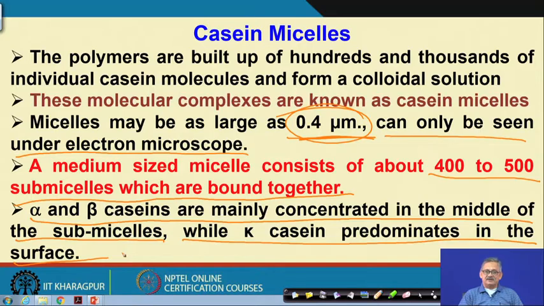When we discussed alpha, beta, gamma, kappa caseins, we saw that alpha and beta are more hydrophobic, whereas kappa is much less hydrophobic. So, those which are hydrophobic are inside, in the interior, not in the outer periphery.